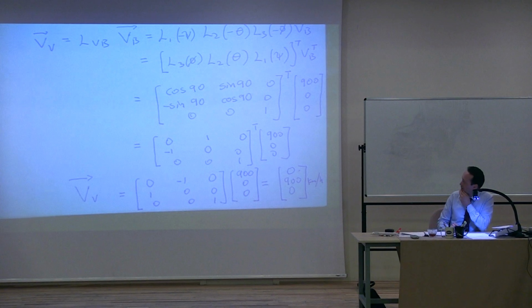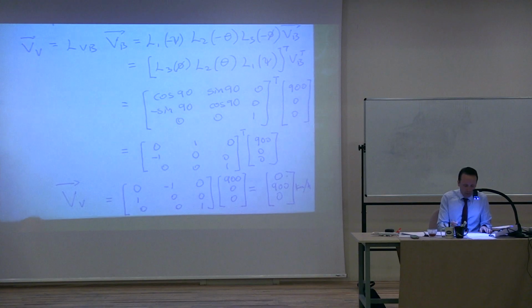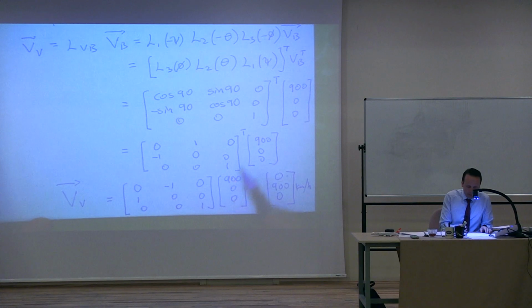You multiply 1 with the vector. This was a transpose. Now it's not the transpose. I took the transpose. Is that okay?